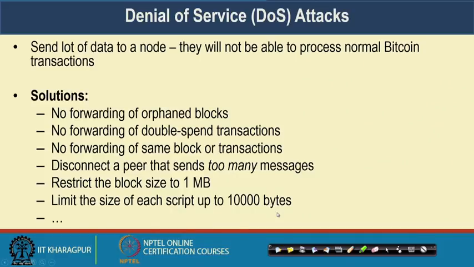So, do not have a Bitcoin script more than that. If you have a larger Bitcoin script, that is more susceptible to attack. So, do not forward transactions which have this kind of larger scripts. There is a huge list of measures that the Bitcoin network takes to solve denial of service attacks over proof of work based systems.